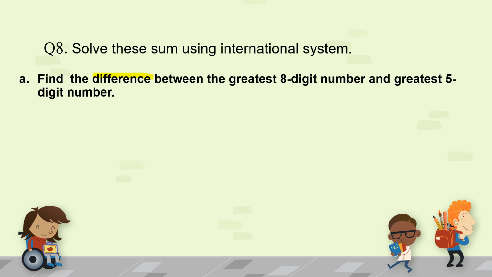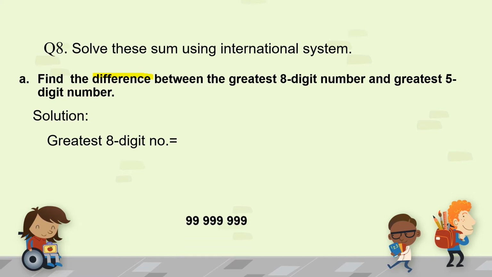So here we are going to write the greatest 8-digit number first. And I have told you earlier, if we want to find the greatest 8-digit number, we will simply write 9 eight times, that is 99,999,999. And now we will write the greatest 5-digit number.